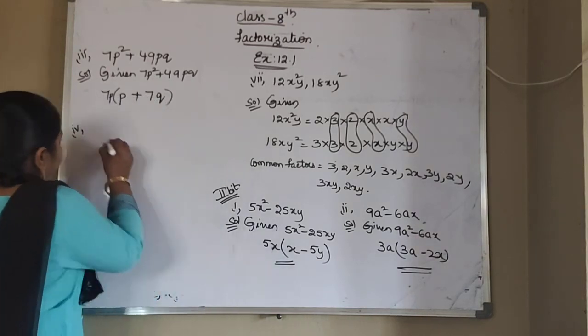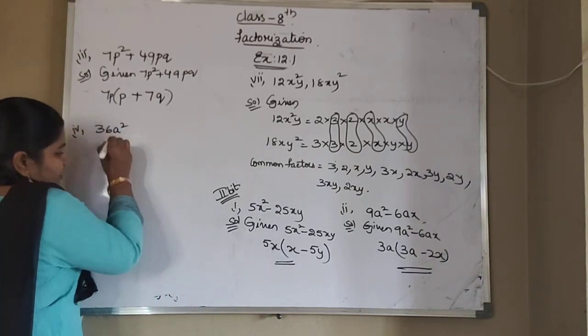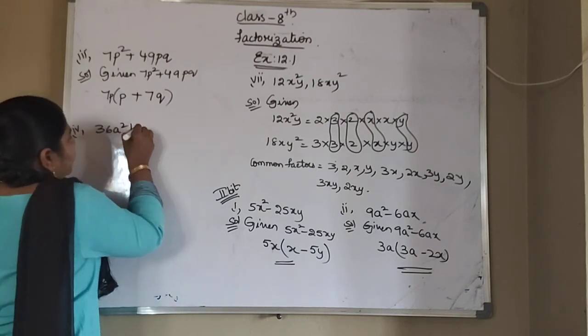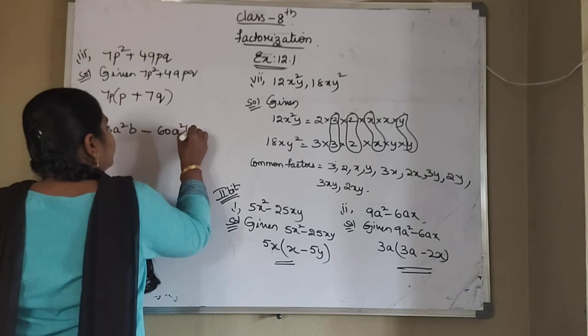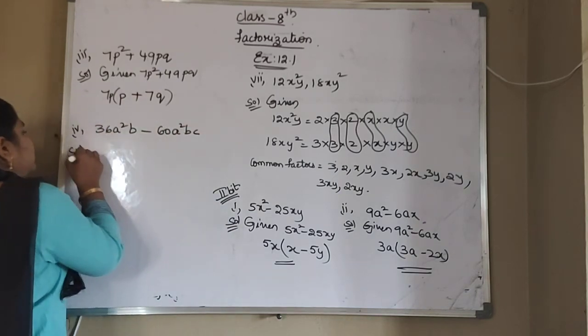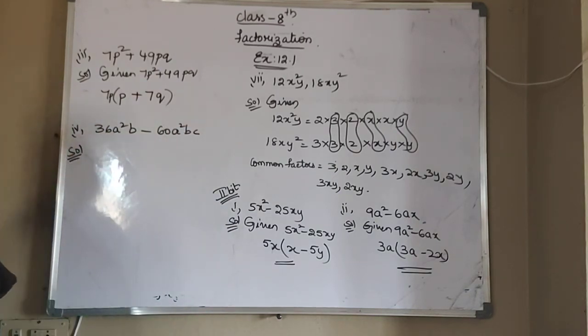Fourth one, 36a square b minus 60a square bc. So 36 and 60 will go in which table? We have to check.